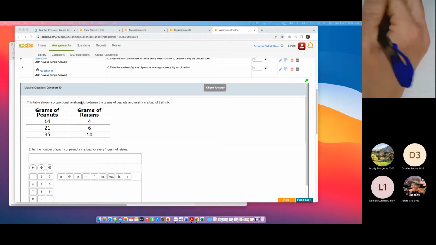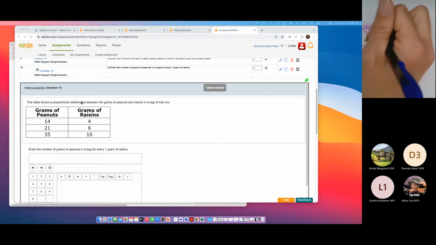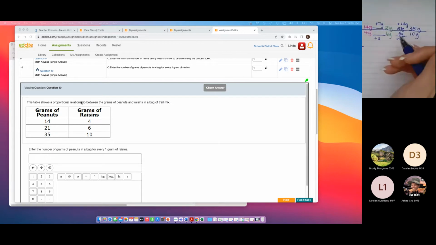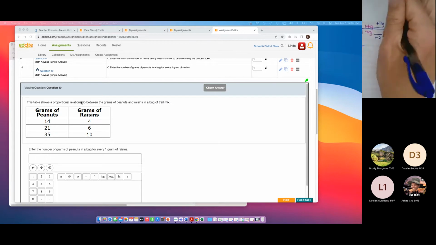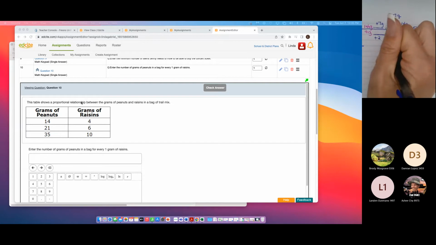What if I started with 7 grams, right? Because right here I see kind of a pattern starting, right? I'm increasing by 7 each time. And if I am increasing by 2 down here, right? I could easily have a ratio that is 7 to 1, right?